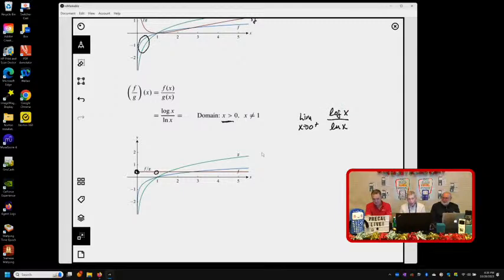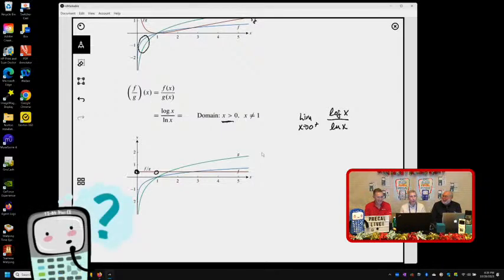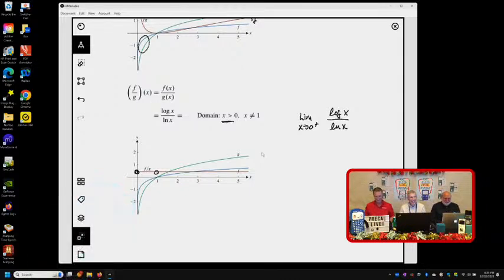As x goes to 0 from the right, both of these expressions are decreasing without bound. So both are going to minus infinity. So this is indeed, what is this called, Curtis? Right, an indeterminate form. Very good. Excellent.